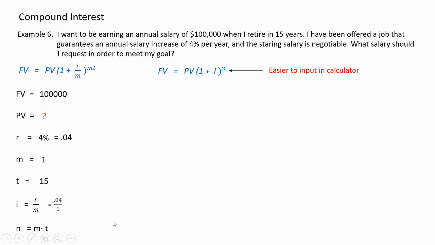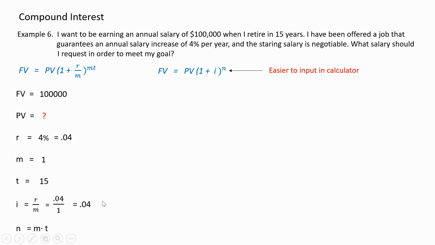Now, for the I, we get R divided by M. And like I tell my students, if it gives you a finite number, that's what you use. By finite, you see this gives me 0.04, which is a finite number. But if you give me something like 0.04 and then it continues all the way to the end, it means that you have to round off.